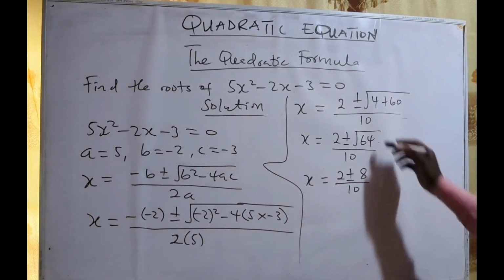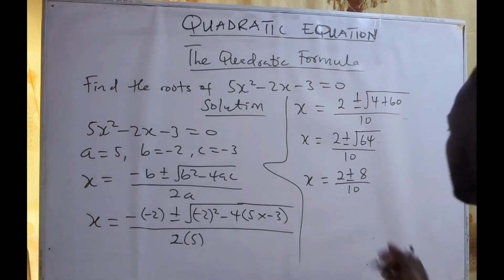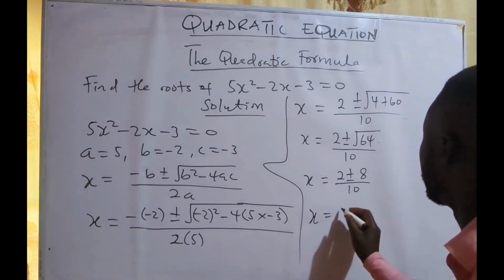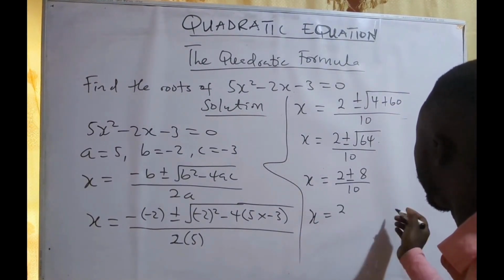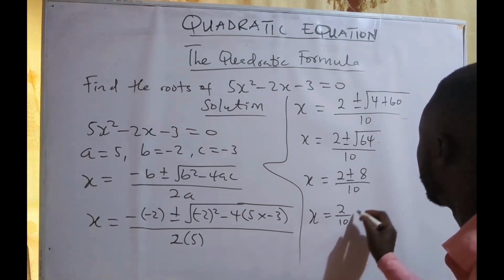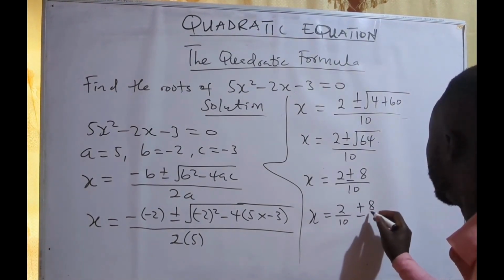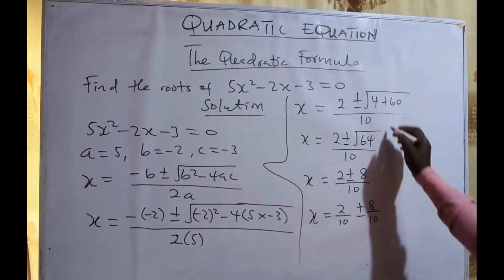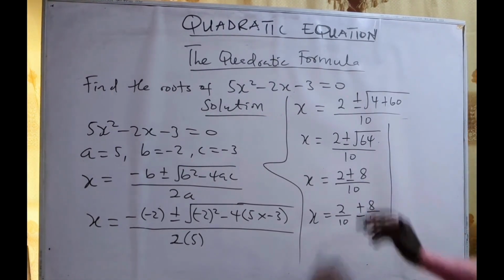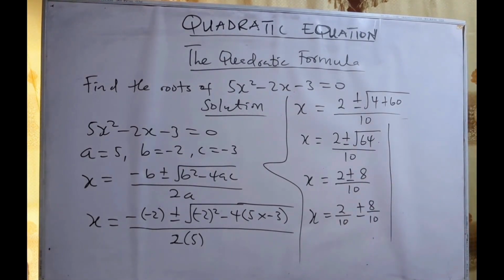Okay, so the square root of 64 is 8. So my x will be equal to 2 over 10 plus or minus 8 over 10. Okay, so what will be my x?